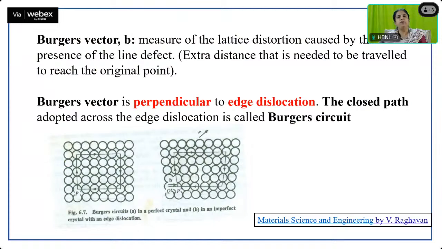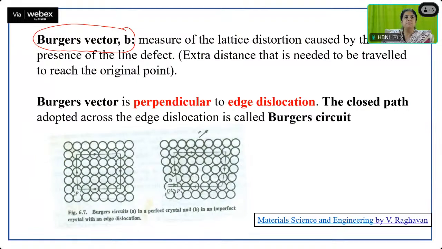Now, how do we quantify the dislocations? There has to be some way to quantify it, right? If I say my material has an edge dislocation, then what is the magnitude of that edge dislocation? That is defined by a quantity called Burgers vector. Okay, it is represented in terms of atomic distances.